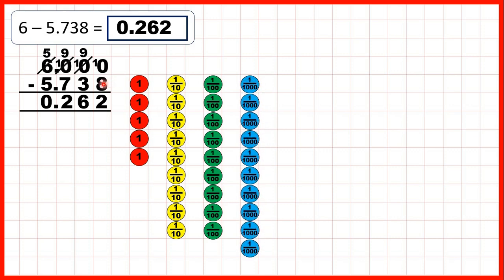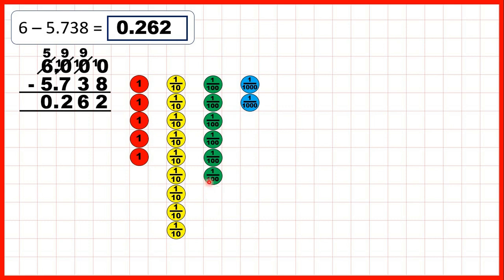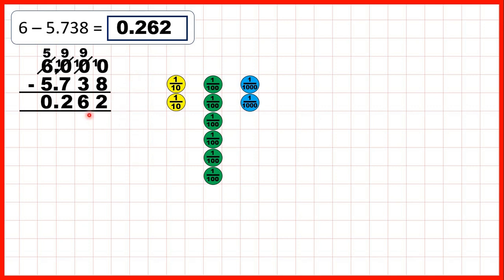So then, we could subtract 8 thousandths to leave us 2 thousandths in our answer. We could subtract 3 hundredths. That left us with 6 hundredths. We could subtract 7 tenths. That meant we had 2 tenths in our answer, and then we were subtracting 5 ones. So there were no ones in our answer. That's 0.262.